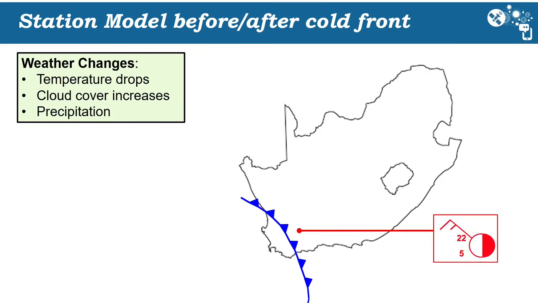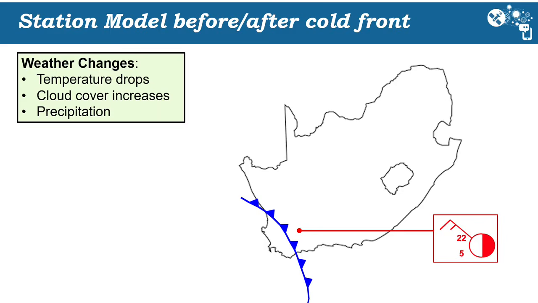So when I look at a weather station model ahead of the cold front, remember the cold fronts move from west to east as you're looking at it from your left to your right on the screen in front of you. So initially the wind direction will be from the northwest. Notice in that red weather station model, this is showing me the weather ahead of the cold front.